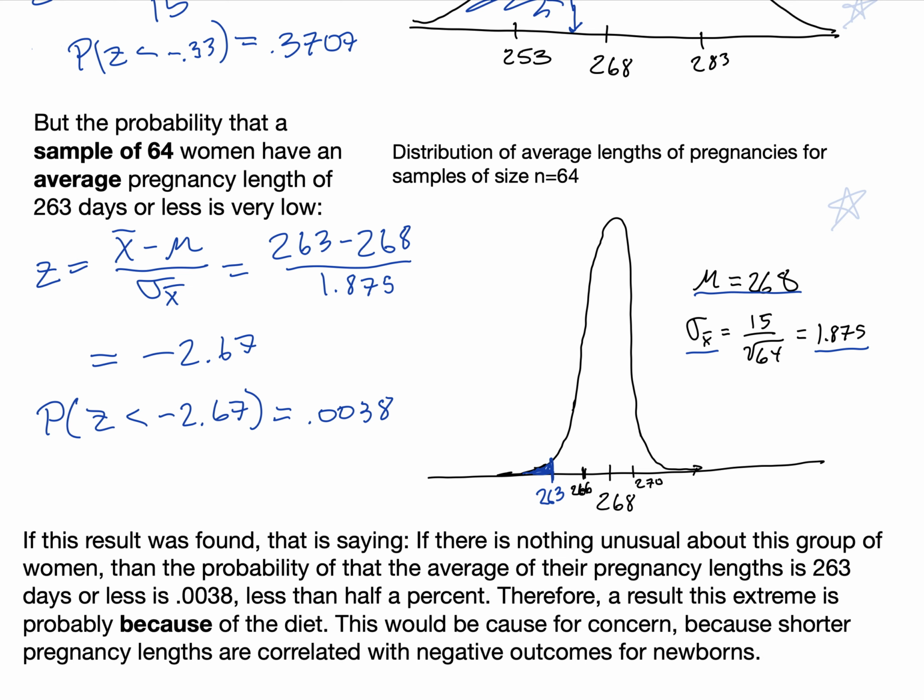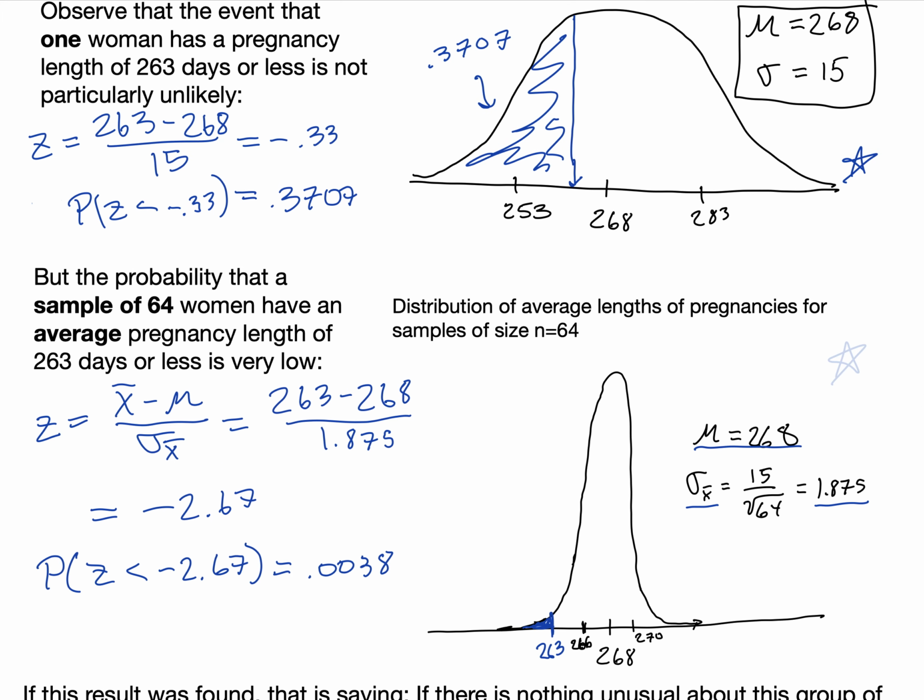Because the central limit theorem shows that the standard deviation of the sample means decreases, these sample means will be clustered much more closely together as the sample size increases. This allows us to get more statistically significant results. If you were just talking about one individual woman, it would be really hard to get a statistically significant result. You'd have to be more than 2 standard deviations below the mean, a pregnancy length of fewer than 238 days.